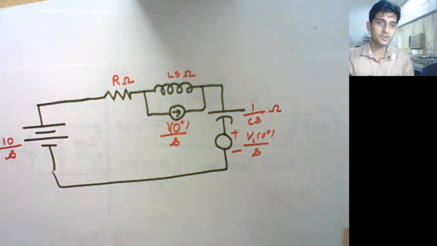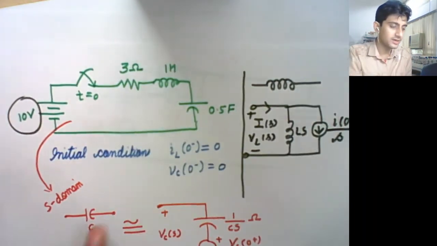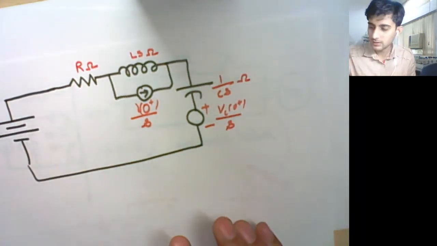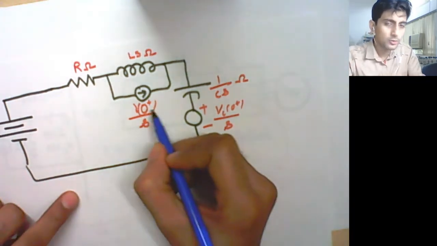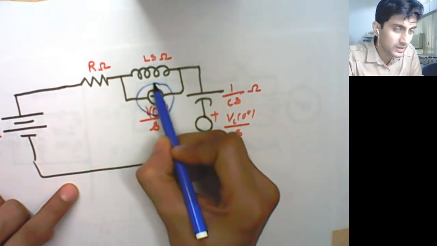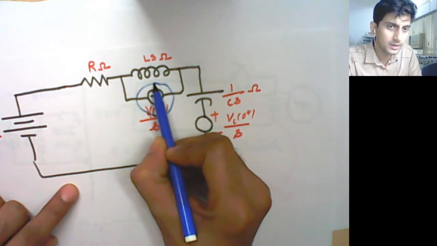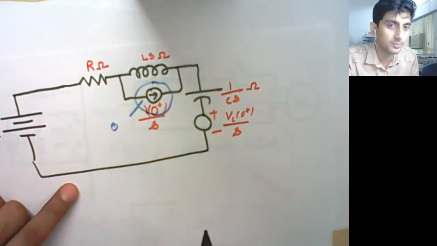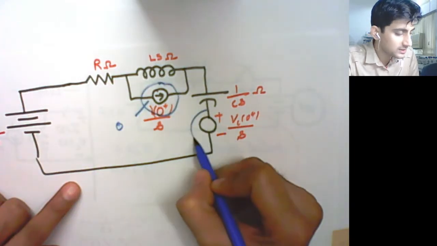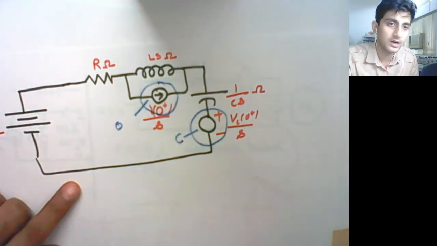Now you know that because of our initial conditions, if I0 plus equals 0, what should I replace this with? An open circuit or closed circuit? Open circuit. So this will be replaced by an open circuit. And what do I replace this particular thing with? A closed circuit.